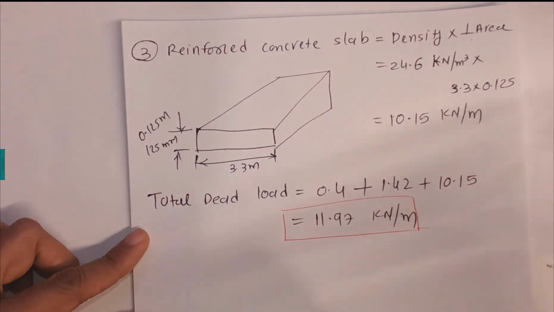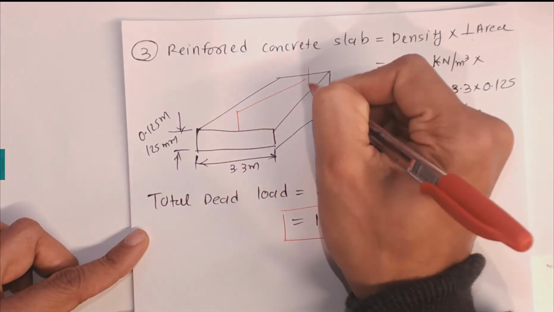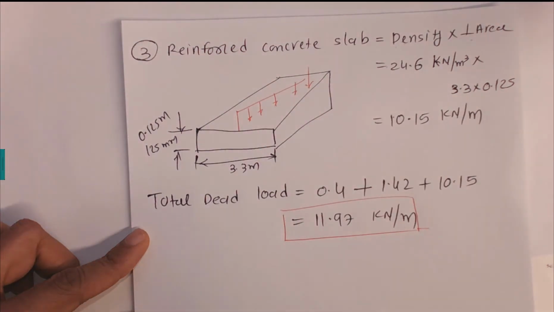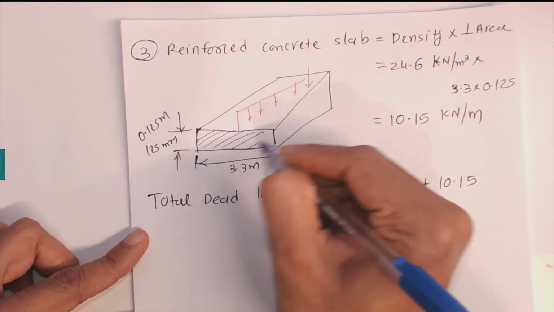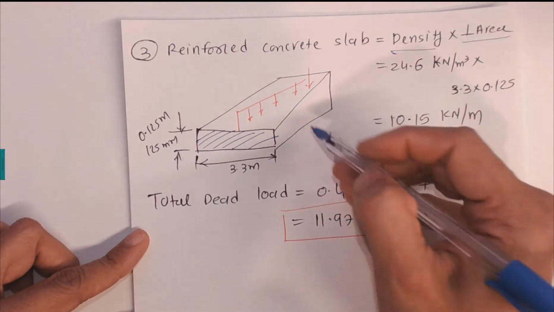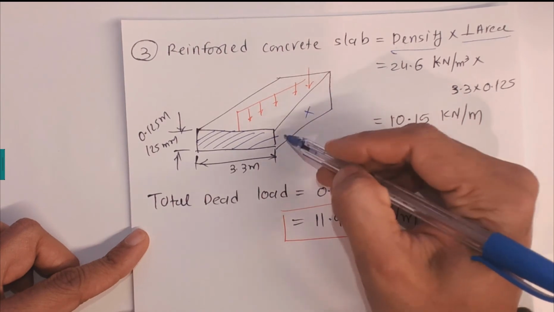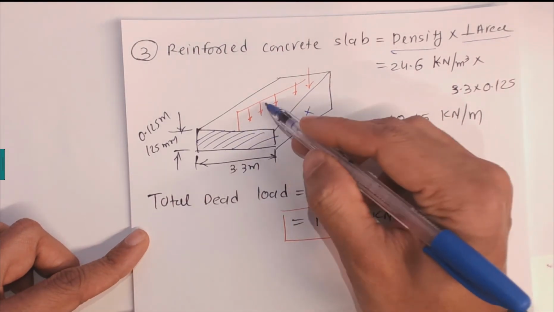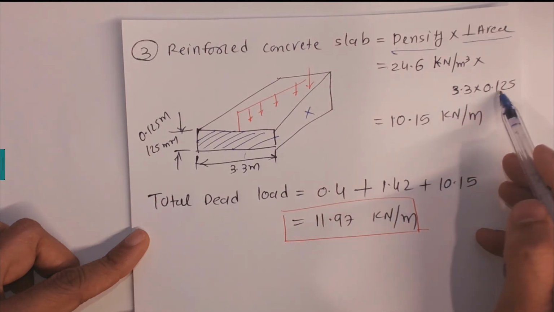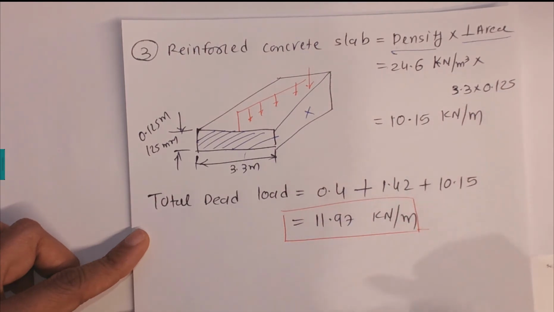We are just looking for the UDL acting due to this slab, and that can be calculated by multiplying the density times the perpendicular area. We are not taking this area because it is parallel to the loading. We are just taking the perpendicular area. So that's the concept, 3.3 times 0.125, which gives us 10.15.